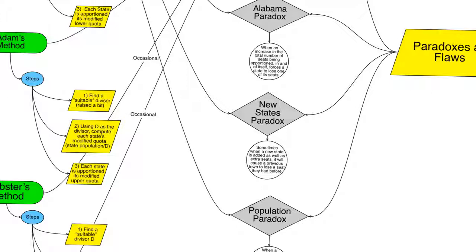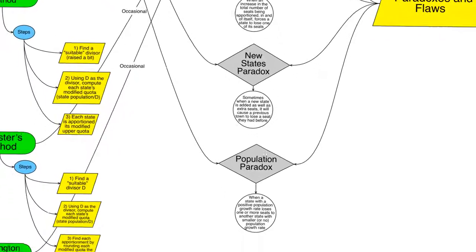If a new state is created and that causes a previous state to lose one of its seats in Congress, that is the new states paradox, and that would be unfair if we simultaneously added new seats to Congress at the same time.